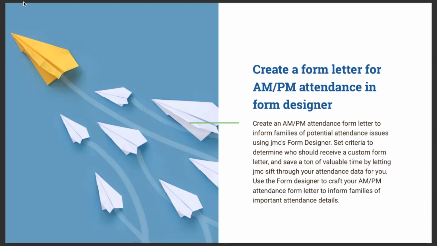If you are in elementary school and your teachers take AM, PM attendance by advisor, then you're probably using AM, PM attendance. If you are high school, middle school, or even an elementary school that has multiple periods throughout the day listed in JMC, and your teachers take attendance for periods, you would use the period attendance for your attendance form letters.